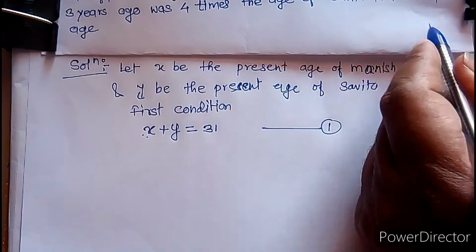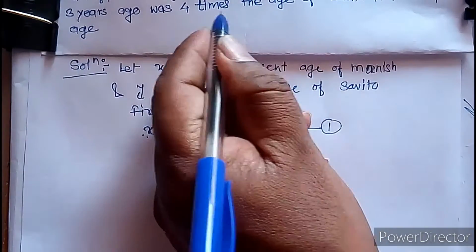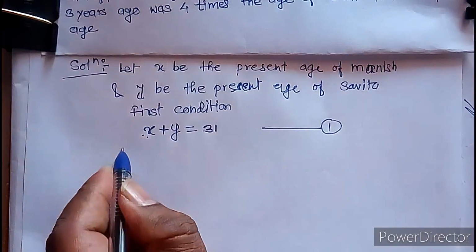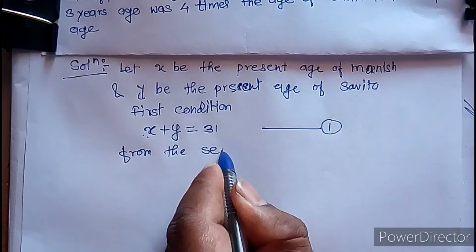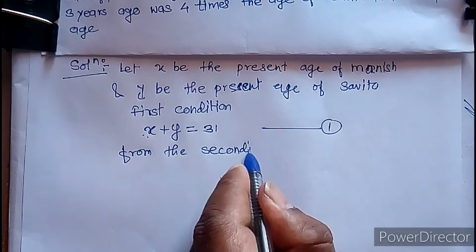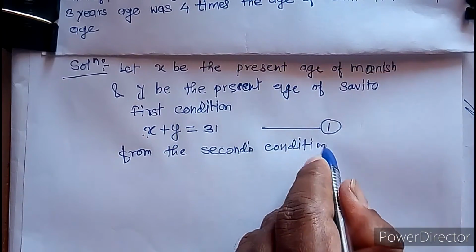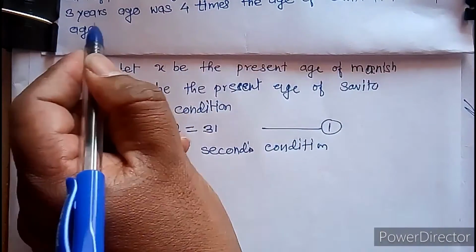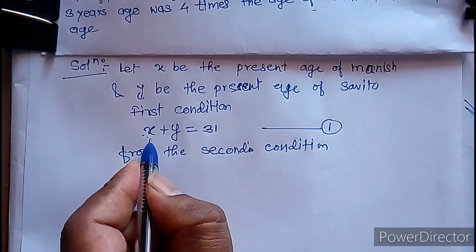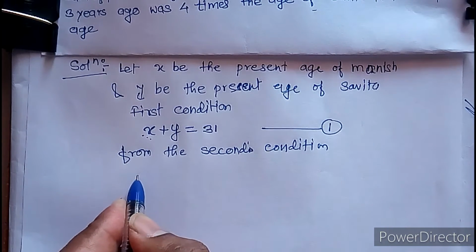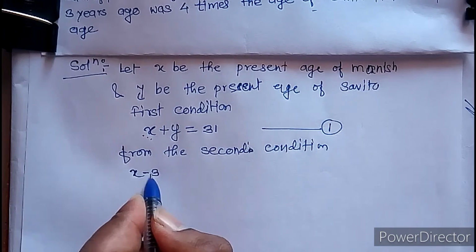Now from the second condition: Manish's age 3 years ago was 4 times the age of Savita. Manish's present age is x years, therefore before 3 years his age was x minus 3.